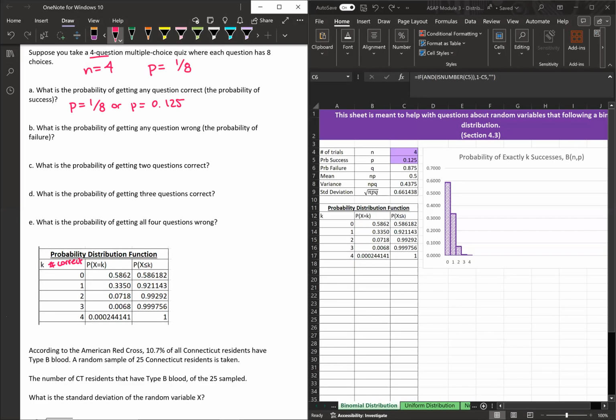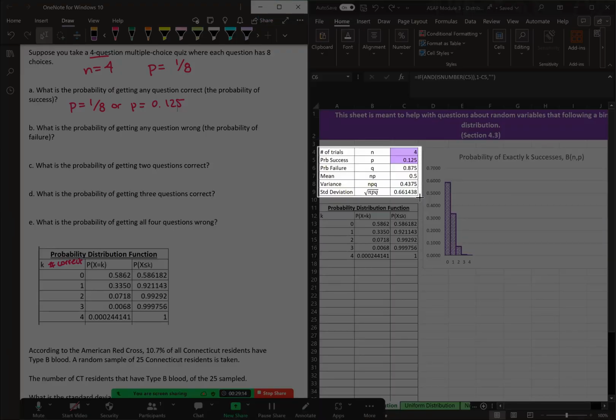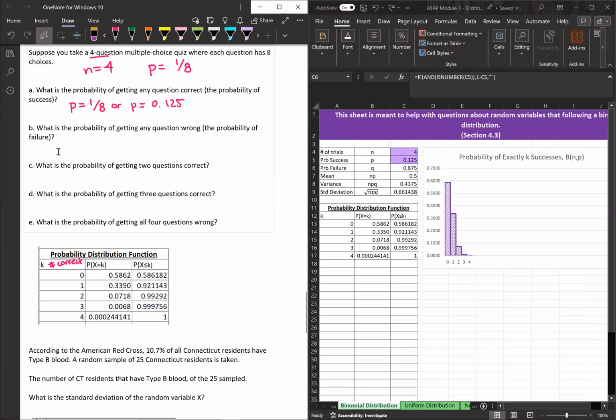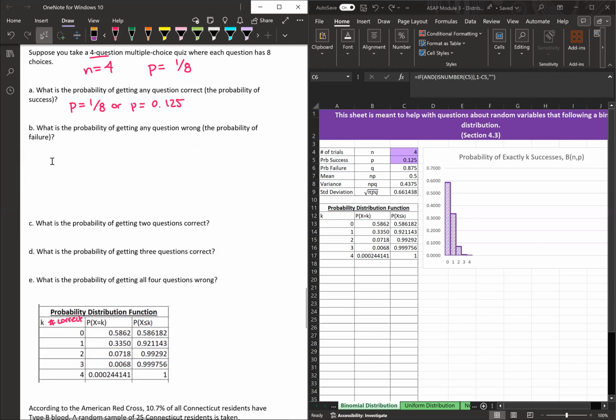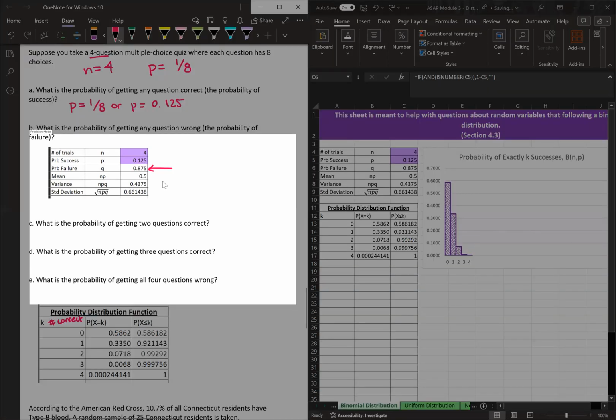What is the probability of getting any question wrong? This is the probability of failure. And we said that probability of failure is just 1 minus the probability of success. But we also have it thrown out in Excel for free. It even says probability failure. So it's here.